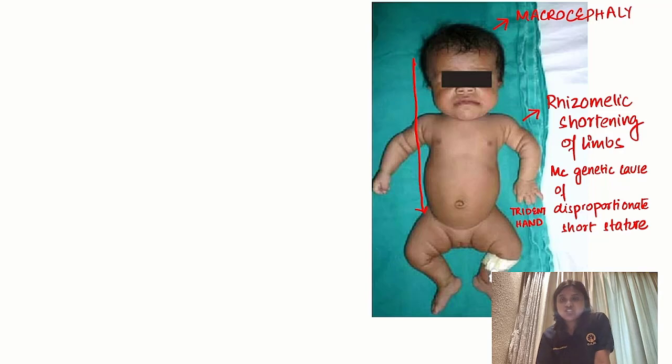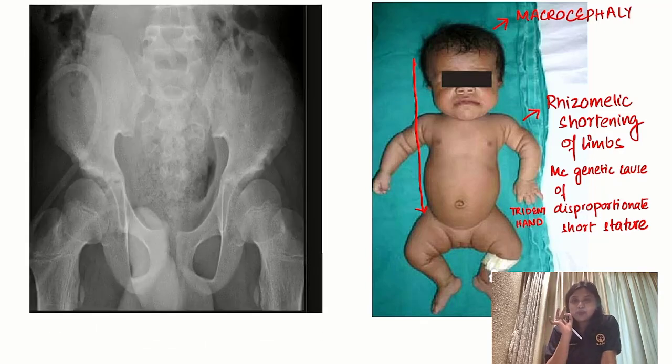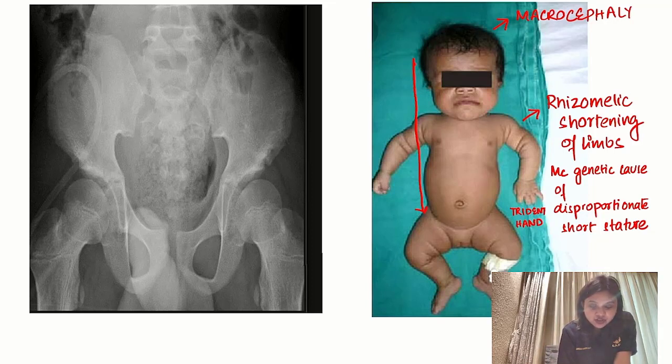We are dealing with the most common skeletal dysplasia in children, that is achondroplasia. And it is a very important topic for your NEET PG as well as INICET, and even for your coming FMGE examinations. So we are dealing with achondroplasia.